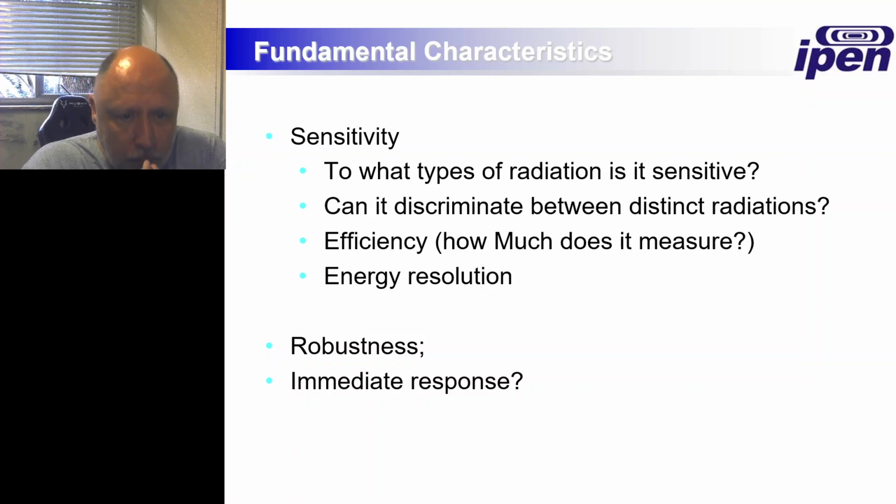Then there's the question of energy resolution, right? Meaning, can I discriminate between two distinct energies? And how well can I distinguish, right? If I had, I don't know, 1.1 MeV and 1.3 MeV photons, will I be able to separate them? Will I have a blur?